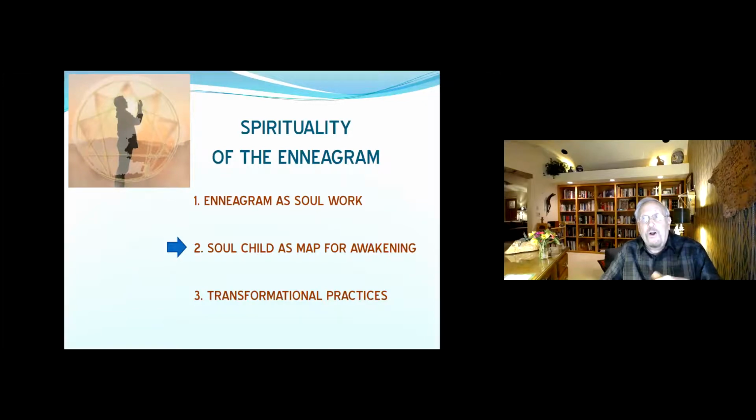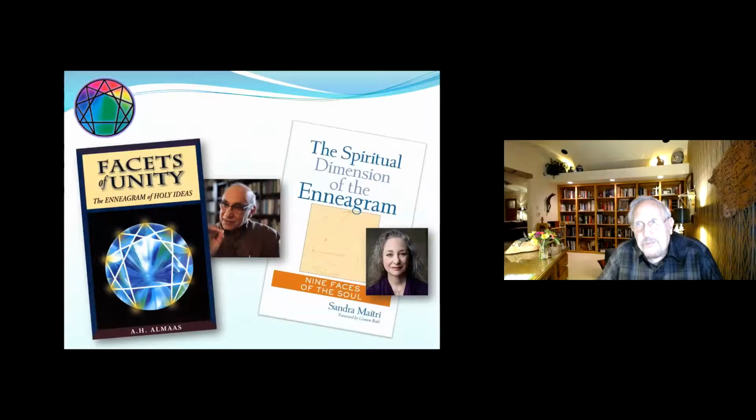So the map for awakening, for real transformation, is in the soul child concept, which is why last week I wanted to hold up the work of Sandra Maitri, who I'm really drawing from here, and Richard Rohr, and the Almas school, the Enneagram of Holy Ideas. So we're going to begin to go deeper into exploring that here this evening.